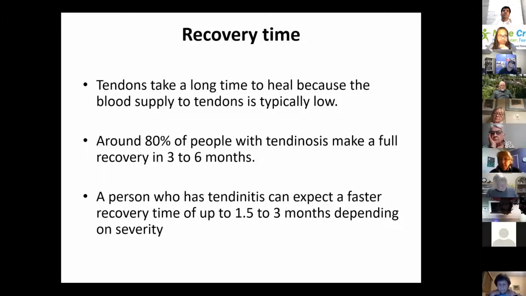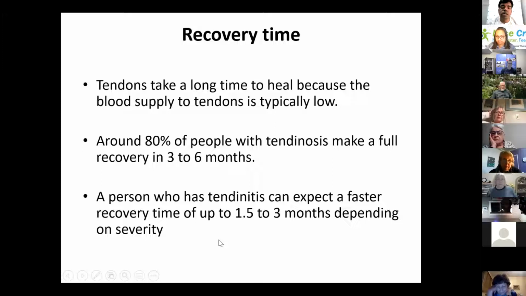Coming to the recovery process, tendons take a longer time to heal because there is a lack of blood supply to the tendon, very little blood supply. The good thing is we can make the tendons go back to normal within 3 to 6 months, in around 80% of people.